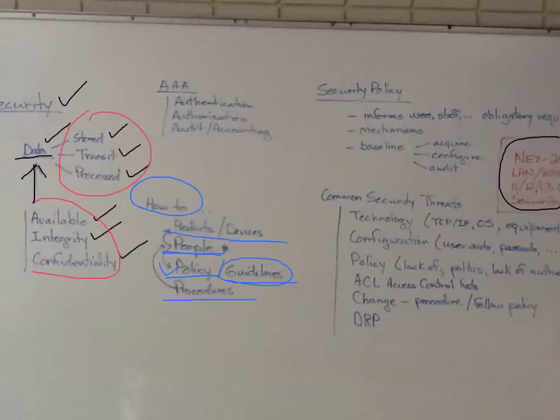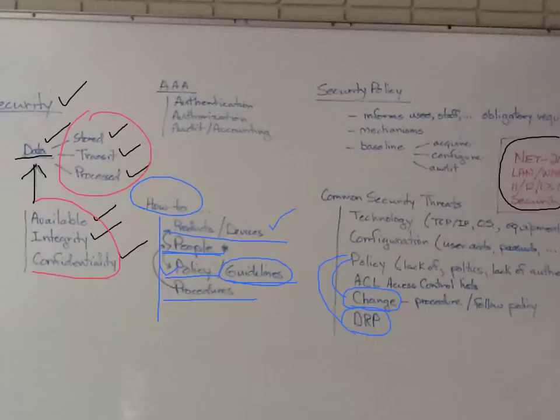For example, we have a procedure that takes care of disaster recovery. We have a procedure that takes care of when we change stuff, and the policies then are updated. So the how-to, this is crucial.